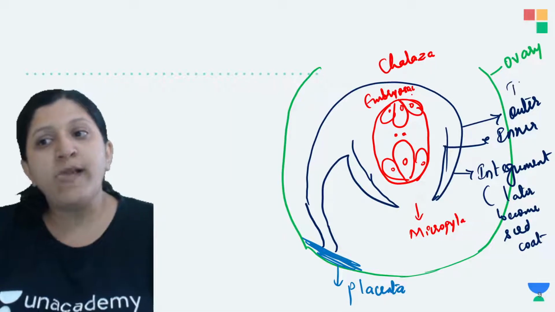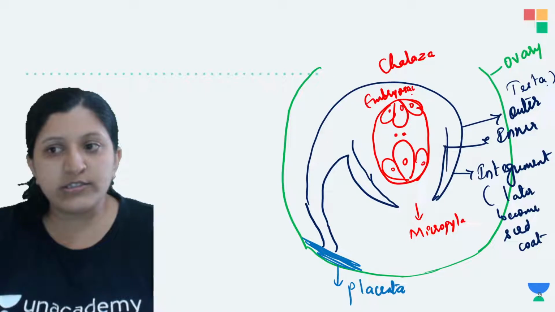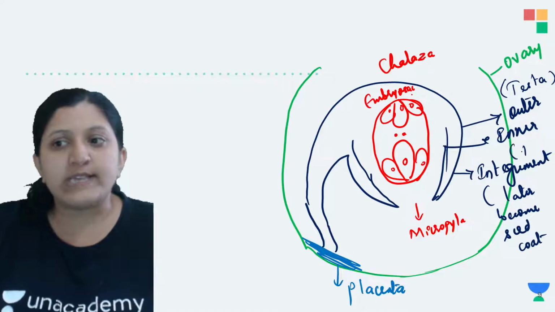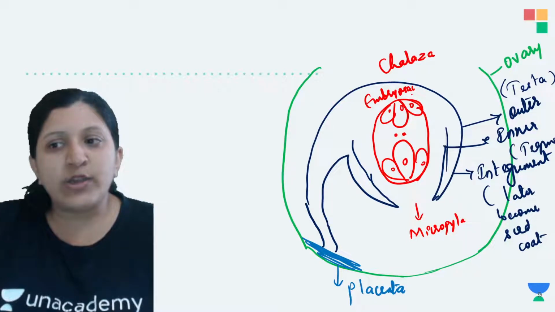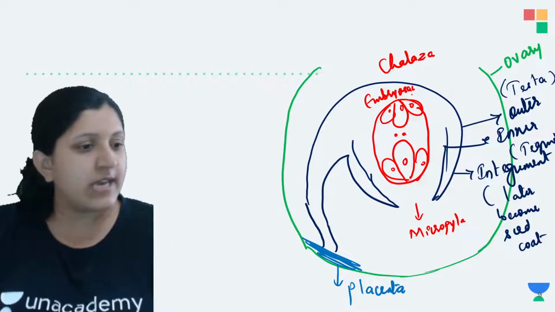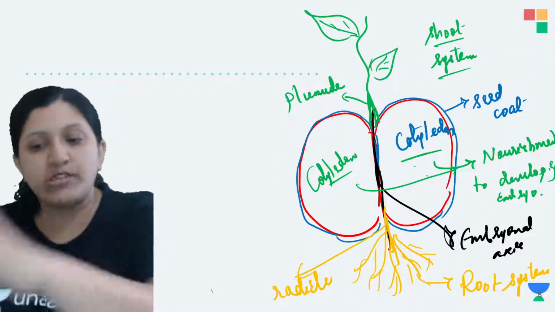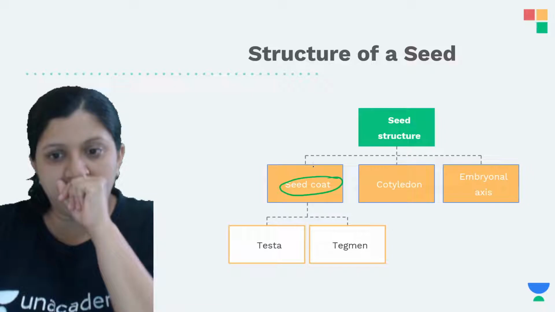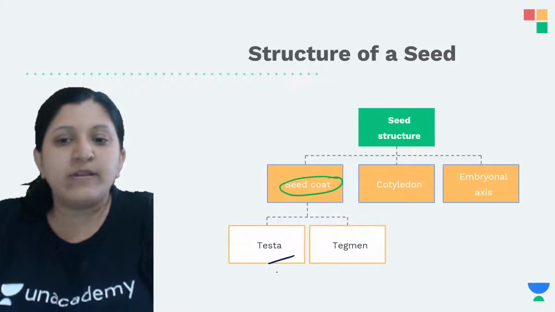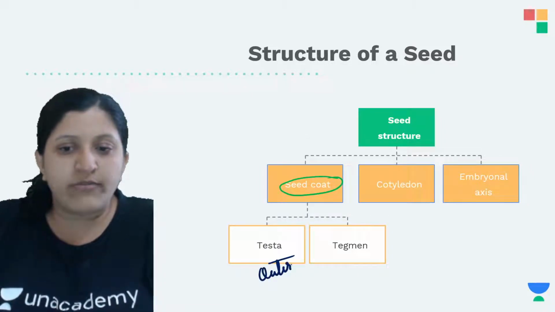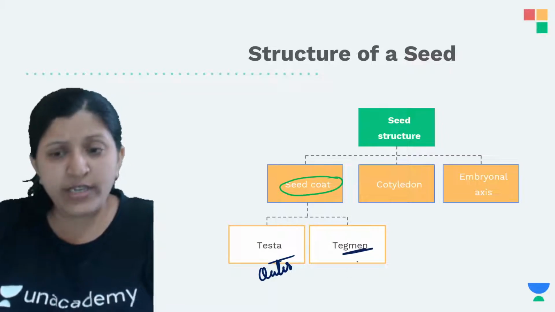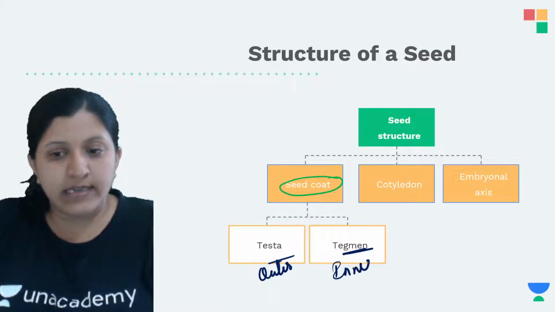Later on, after the seed formation occurs, this is going to become the testa and this one is going to become the tegmen. So the seed coat, which is written over here, is testa and tegmen. This is the outer covering, and this one is the inner covering, the tegmen.